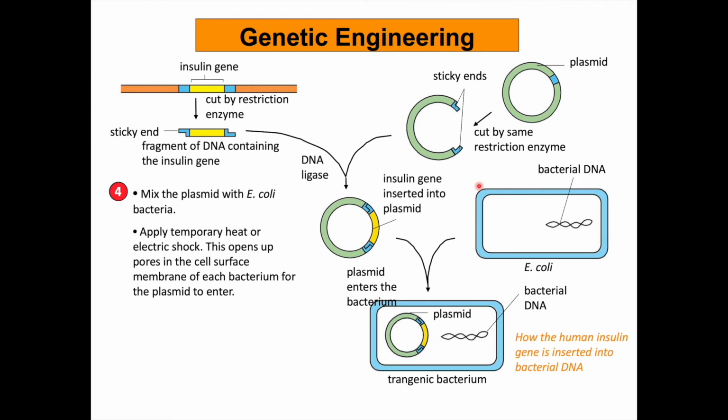In order for us to put it back, there should be an application of temporary heat or an electric shock, so that the cell surface membrane of this bacteria will open, or create pores, and these pores will enable the recombinant DNA to get inside this bacteria. And so after that, we can call this a transgenic bacterium.